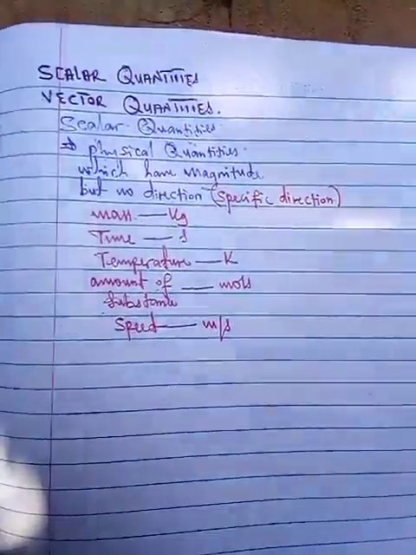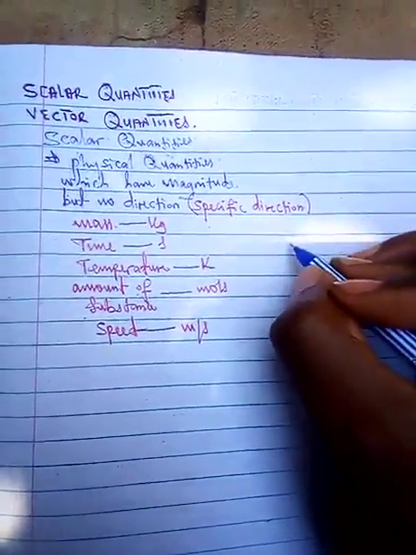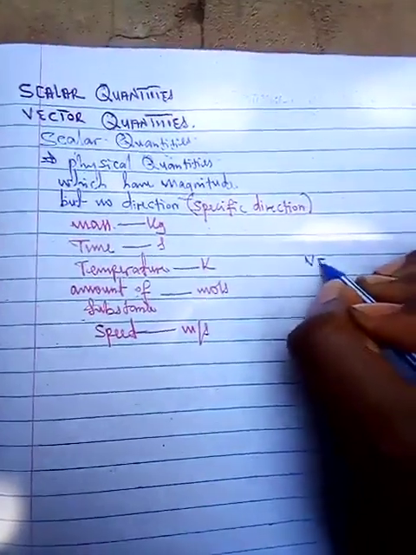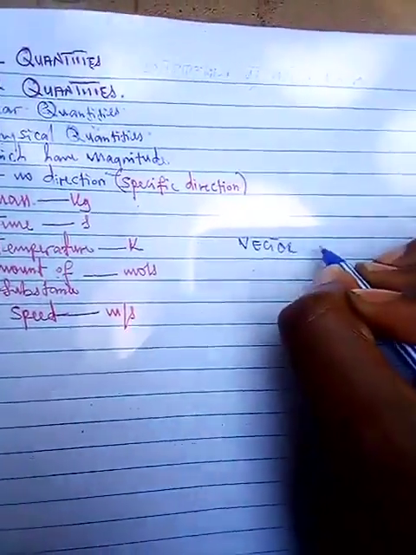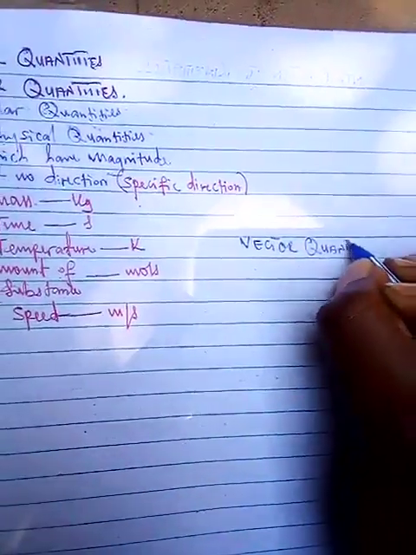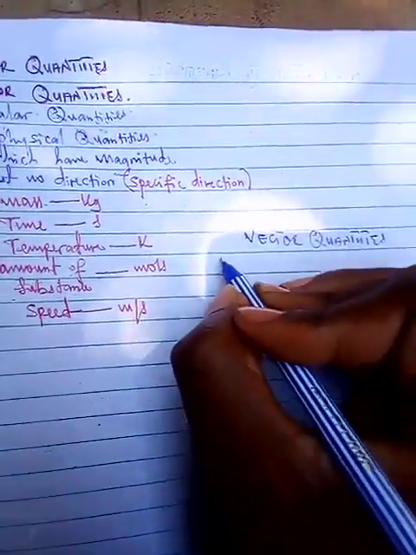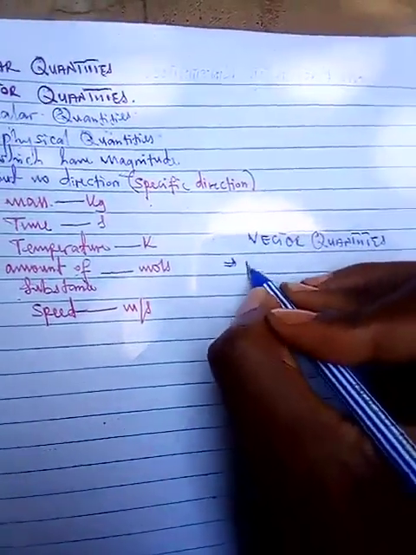Now, when you're talking about vector quantities, vector quantities are quantities which have both magnitude and direction.